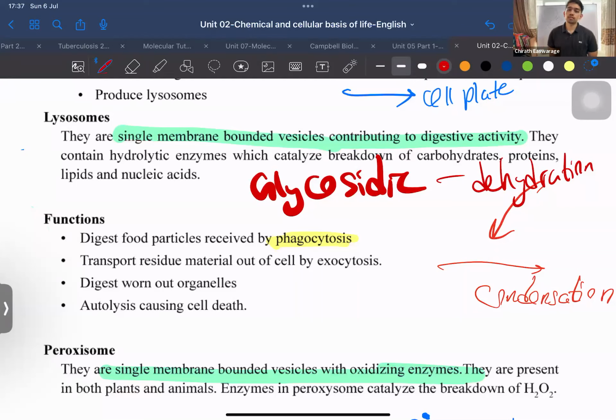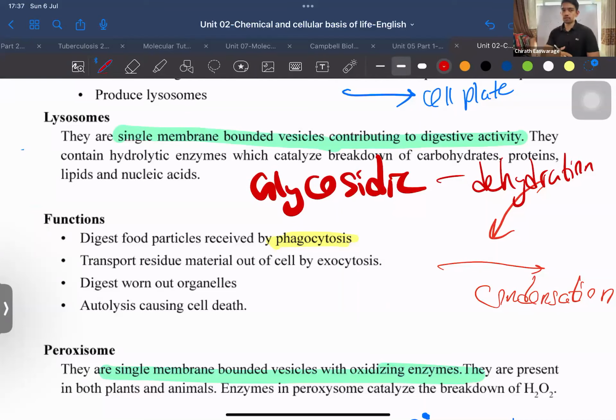When you are making a polysaccharide, you remove water. That is dehydration, right? To break a polysaccharide into monosaccharides, you add water. Adding water is called hydrolysis.